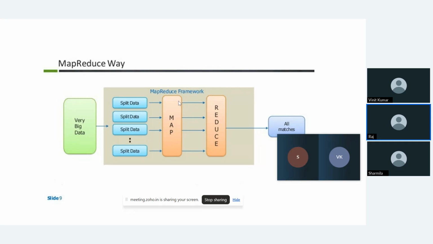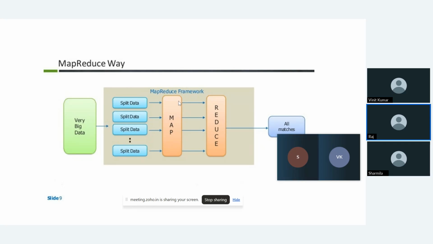Because of this MapReduce framework, whether the data is in terabytes or petabytes, as we are working on a cluster of machines, the mapper and reducer run in parallel on multiple machines.